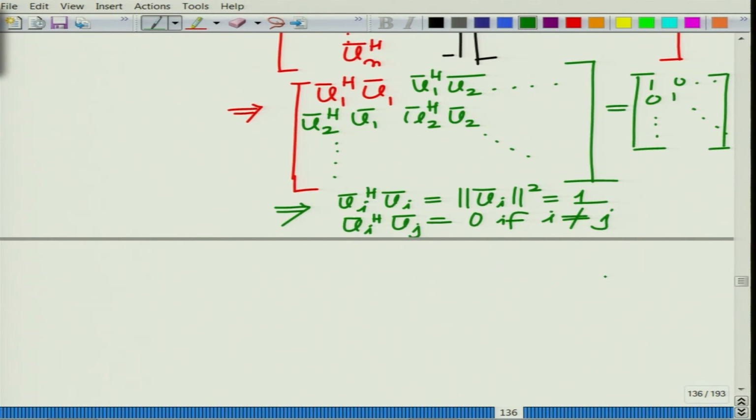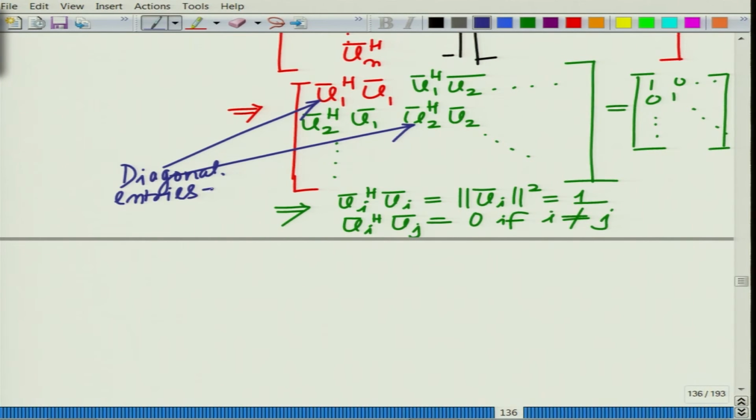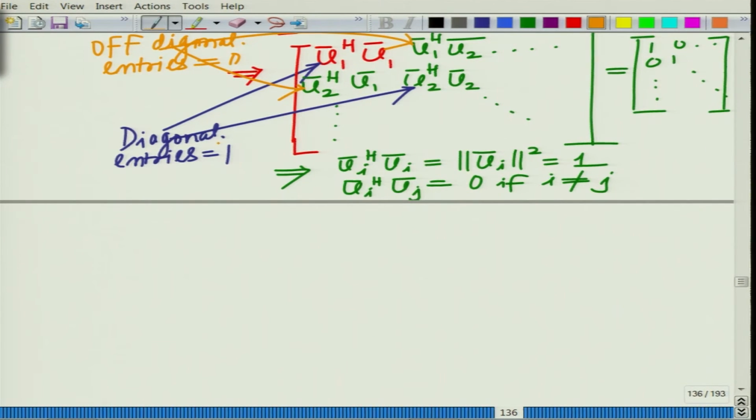So, diagonal entries are 1, and the off diagonal entries, the i j elements where i is not equal to j, are 0.